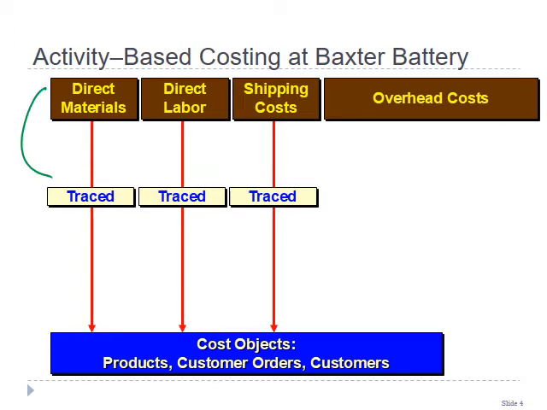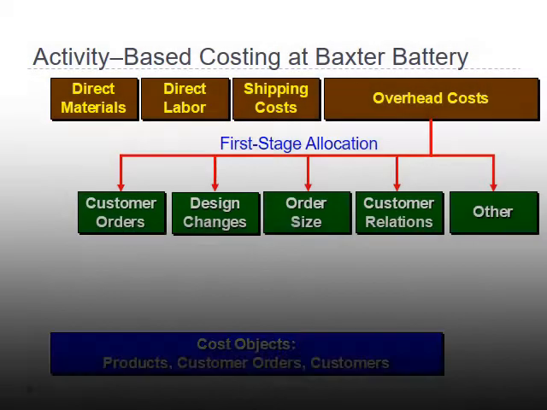We know that the direct material is easily traced, so that directly goes to the income statement, and that directly goes to the product as well. Here comes the problem with the overhead cost, right?